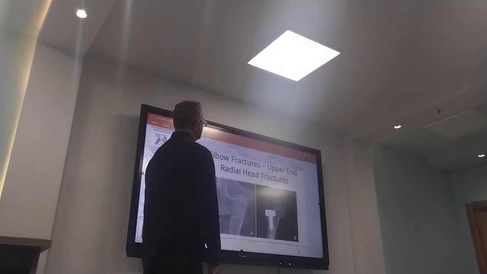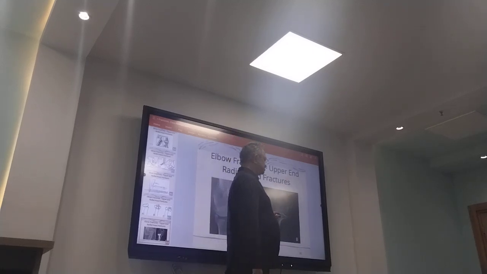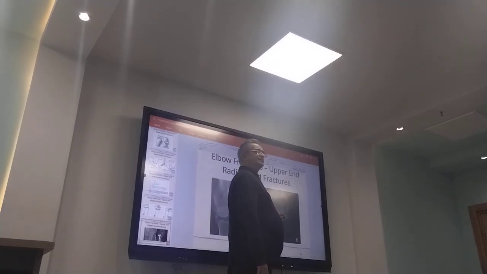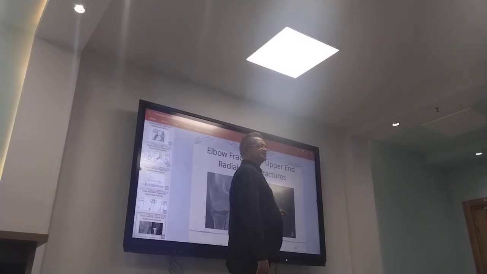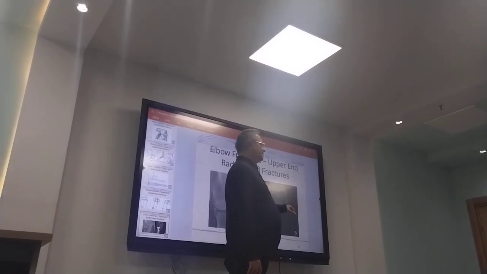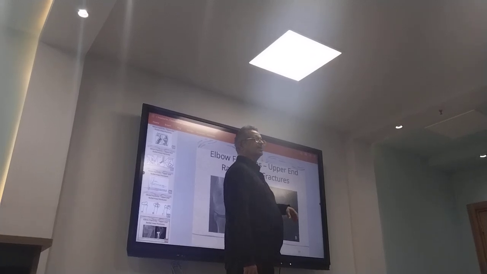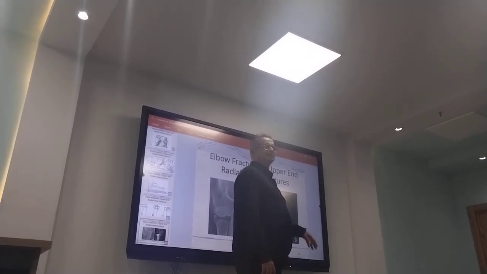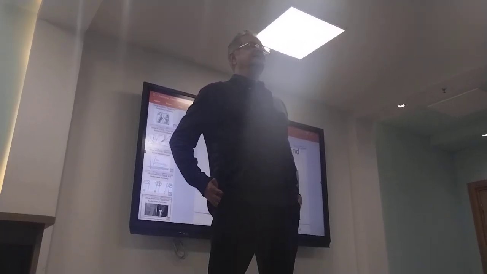Okay, what a nice picture, and how much I searched to find this. This is a kind of prosthesis, and they replace the head with an artificial head for the radius. Why? They could leave it. Why do they try to get a new head of the radius?